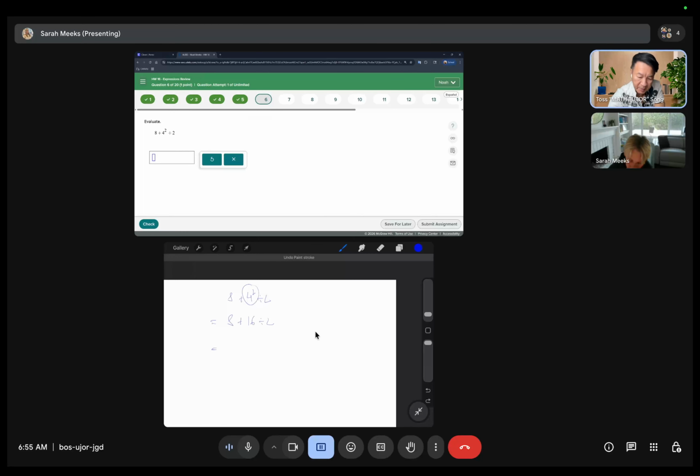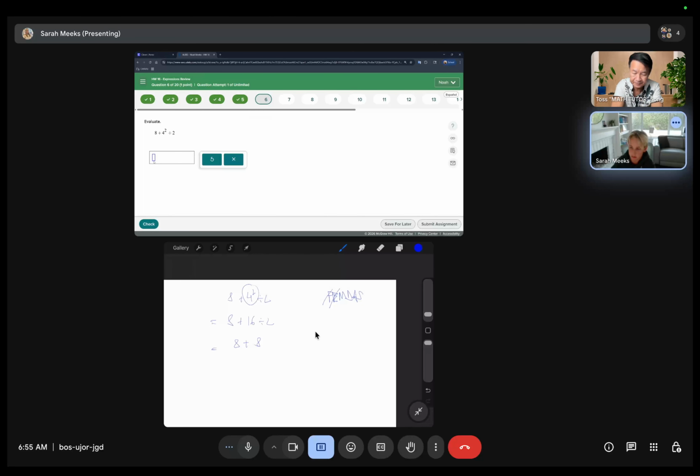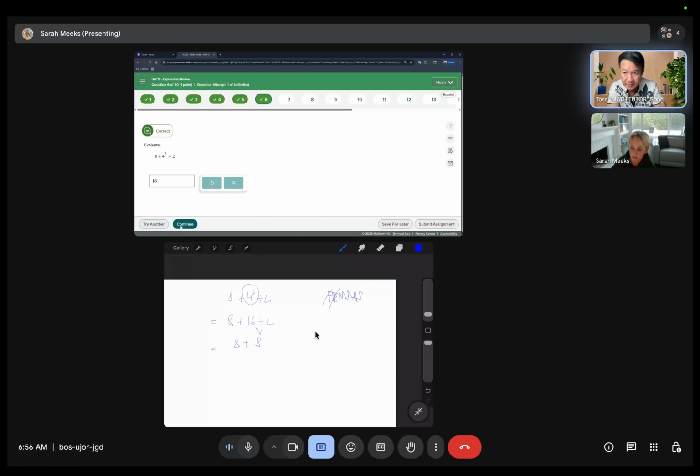PEMDAS says if you don't have parentheses, you've got E for exponent. That's why you're doing it. So it's 16. And now you can do division because you don't have multiplication. So it's going to be 8 here. And then you have 8 plus in the front. So that's the order you have to do.